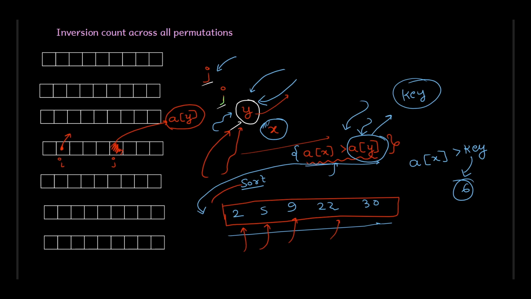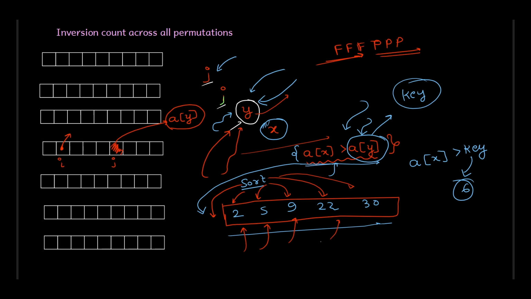If you sort the array, you can try it manually, but this check would fail because this is less than the key, which is 6. This check will also fail, but this check would pass. This would also pass, this would also pass. So you will see that there is a pattern: fail, fail, and pass, pass, pass, right? So there will be a prefix of fails, and then a suffix of passes.